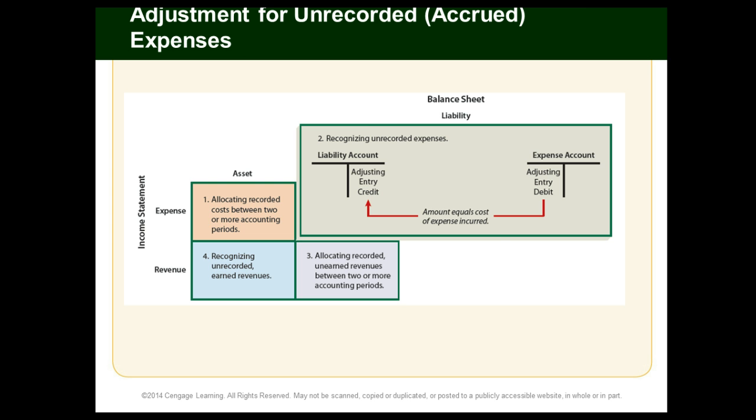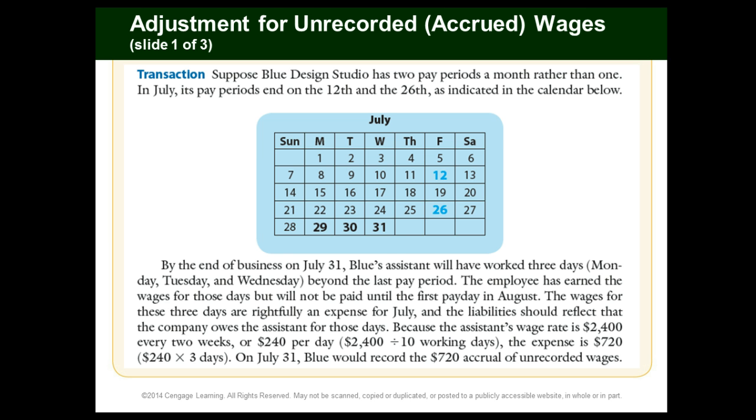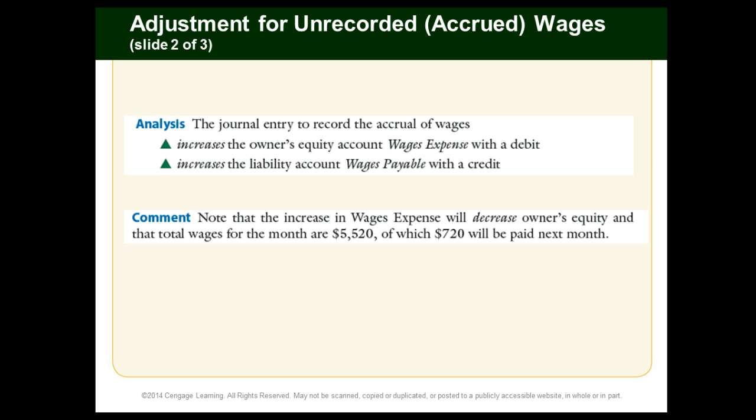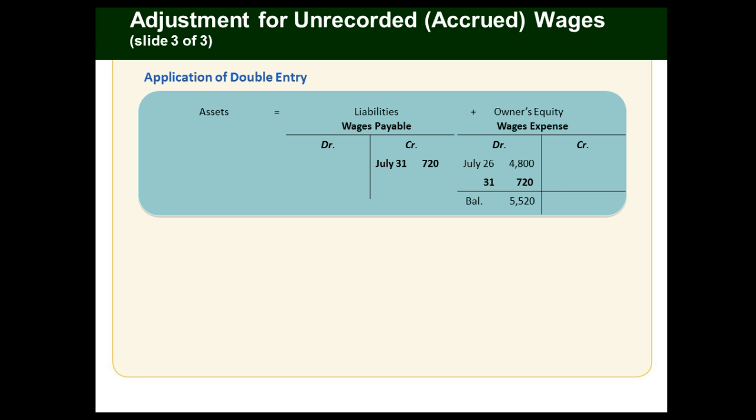So these types of accrual expenditures basically allow us to show an increase in an expense and an increase in a payable. The other one will reduce an asset and increase an expense. These types increase expenses and increase payables. So we had an example of needing to pay wages.